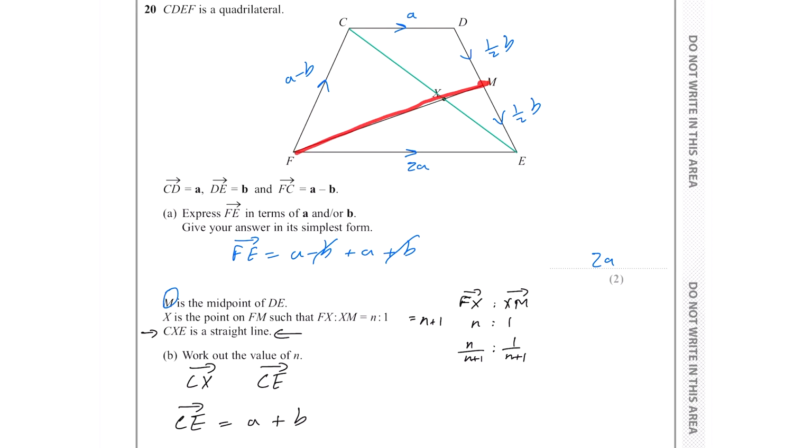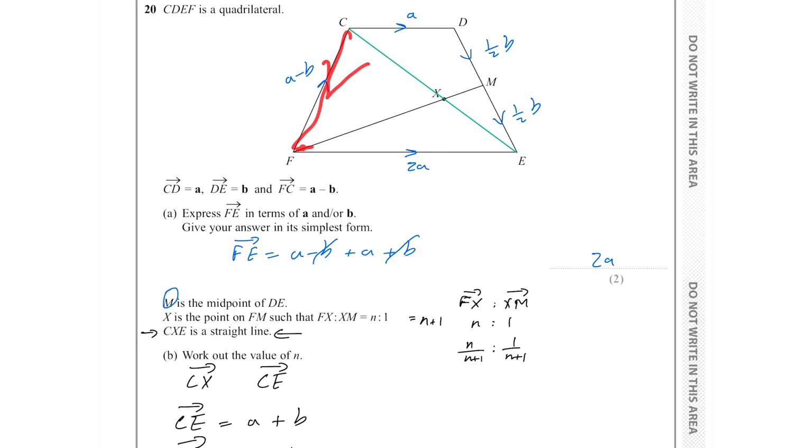Well, yes, I can. What is F to M? Well, F to M is just going to be that. F to M is going to be that, and this portion is just a fraction of what the full length is. So C to X is going to be minus A plus B. So careful with this one because we are coming back down on it.